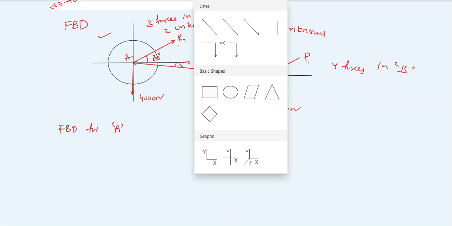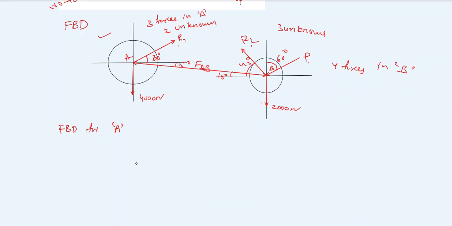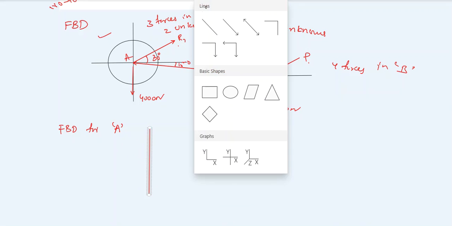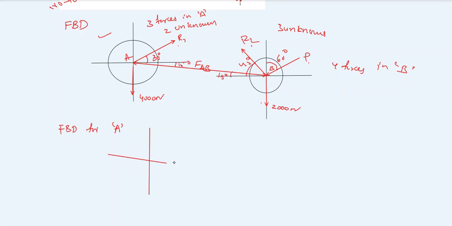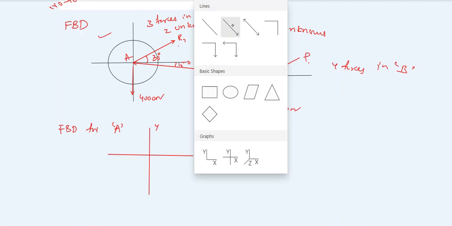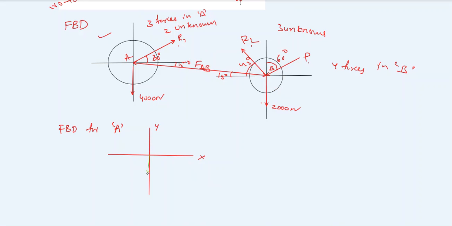So let us draw the x-axis and similarly the y-axis. Weight always acts vertically downwards. So let us draw the weight acting vertically downwards, 4000 Newtons.